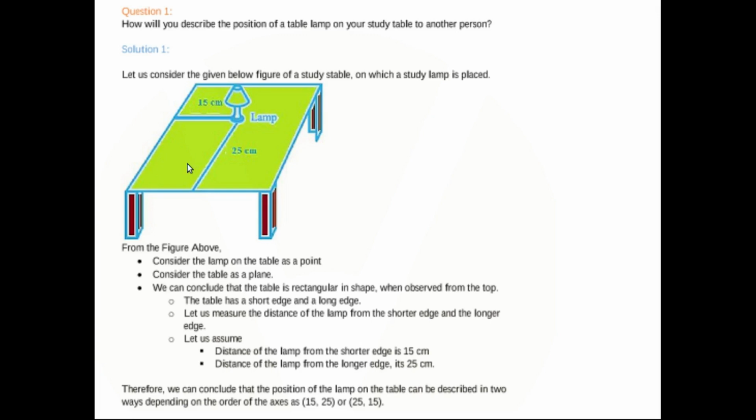First thing is, you can take any edge as the x-axis and the other one as the y-axis. For example, let's take the shorter edge as the x-axis and the longer edge as the y-axis. So what are the coordinates of the lamp?